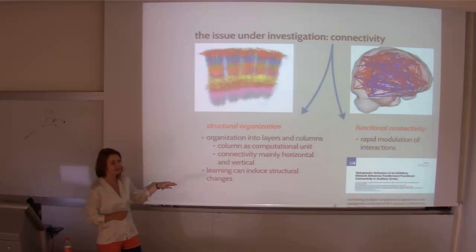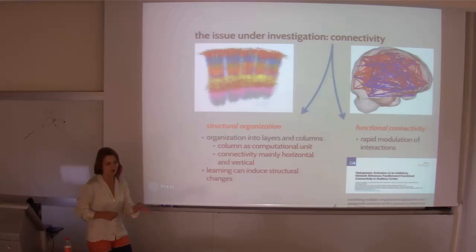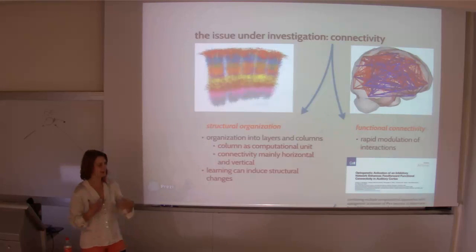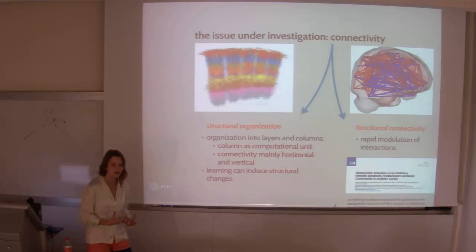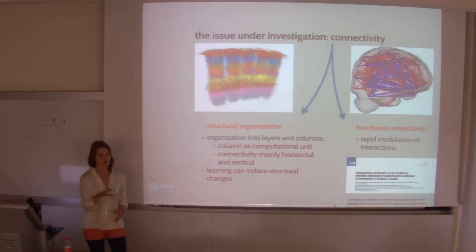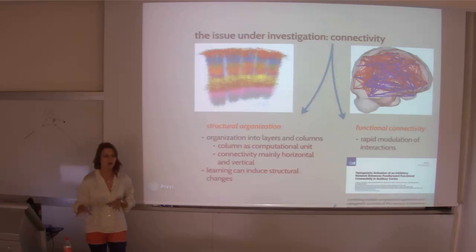I mean, obviously, the structure changes. We know this for learning and things that induce slight changes in the layout of the brain. But the functional connectivity really is about the rapid modulation of these networks so that they can perform the function that they're meant to do.